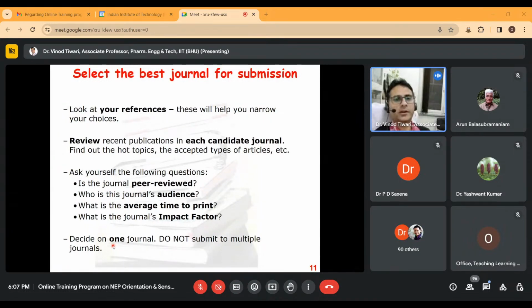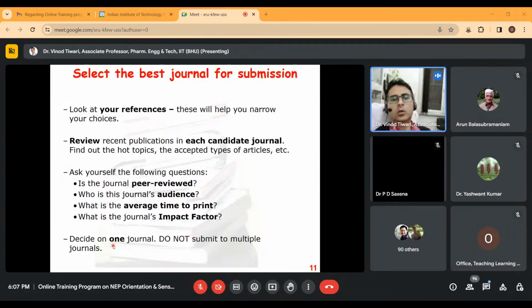So focusing on quality is more important rather than quantity of what you are publishing. If you're just publishing crap and increasing the number of publications in your CV, that can help you temporarily for a period of time, but in the longer run, that is never good for your career and CV. Because ultimately you will realize that you have published crap and you have not contributed anything to the science.